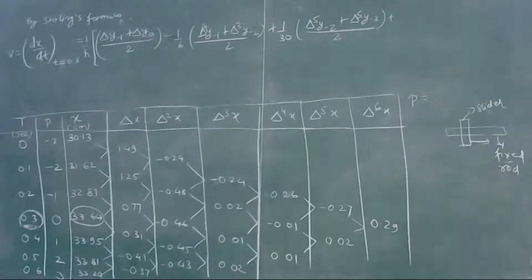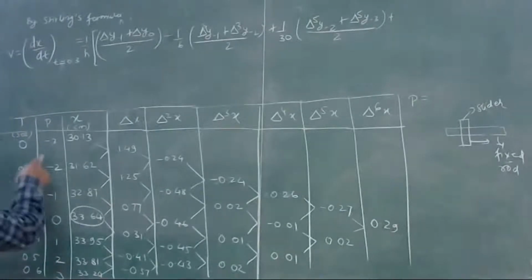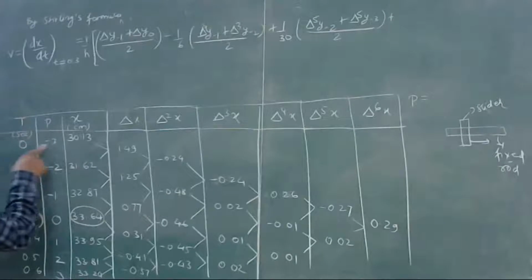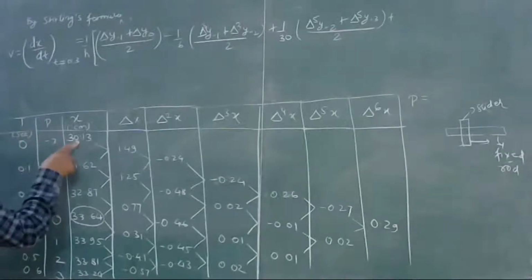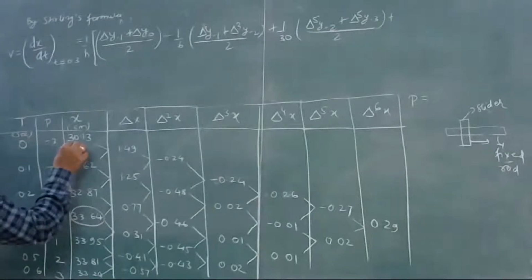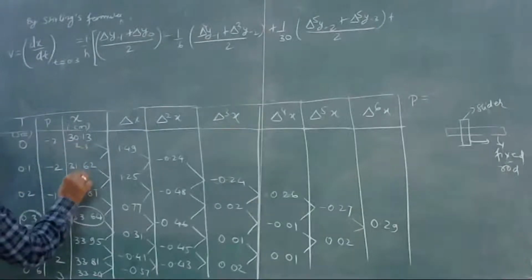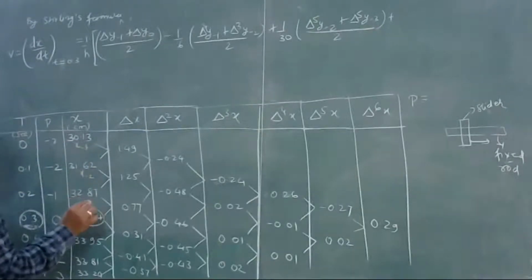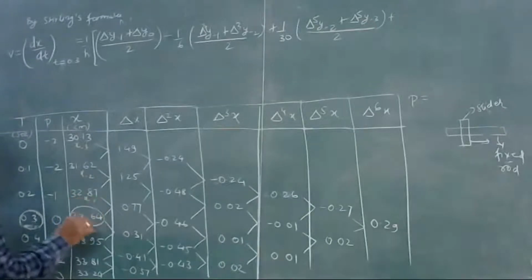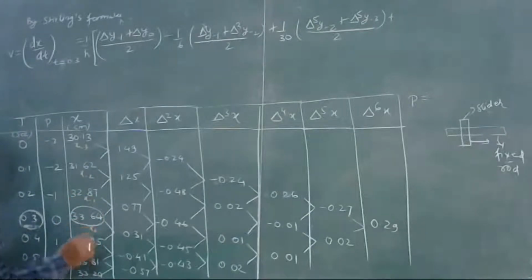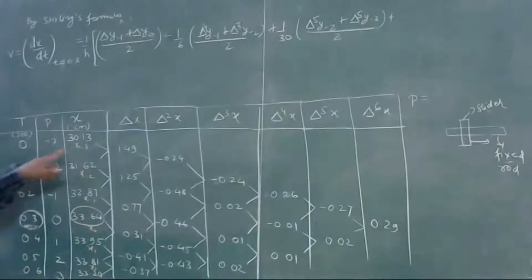Okay. So this is p, that is minus 3. This will be corresponding x minus 3. This is x minus 2. This is x minus 1. This will be x naught, x1, x2, x3.